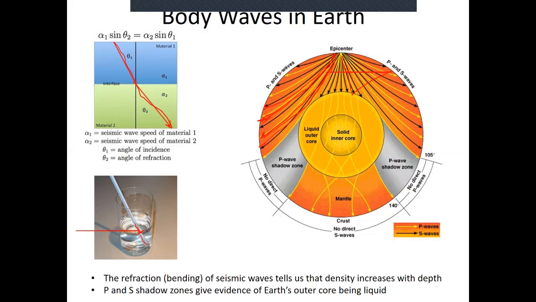So after an earthquake, it was observed that no S waves were recorded on the other side of the planet. Why? Because the Earth's outer core, being a liquid layer, casts a shadow on the other side of the planet because S waves can't travel through it. That's one of the first major discoveries.